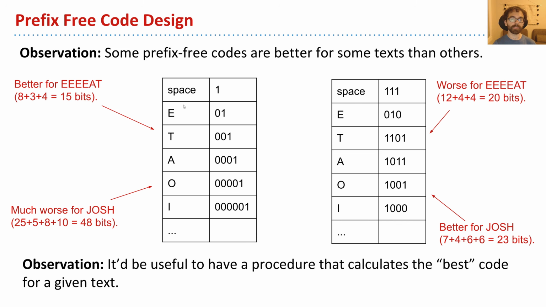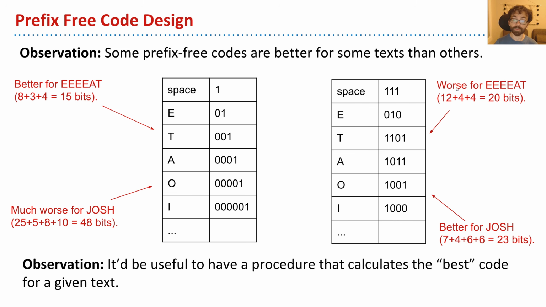Let's consider this prefix-free code on the left. The string EEEEAT is only a total of 15 bits for this left prefix-free code, the first one we saw. Whereas on the right, if we use this prefix-free code, it's EEEEAT again, but now E costs 3 bits for each E, 4 bits for the A, and 4 for the T, for a total of 20 bits.